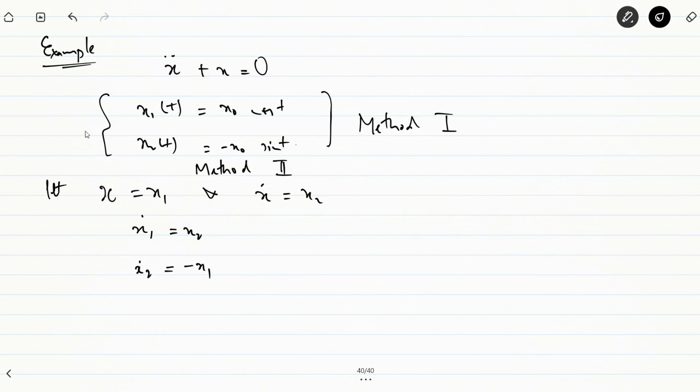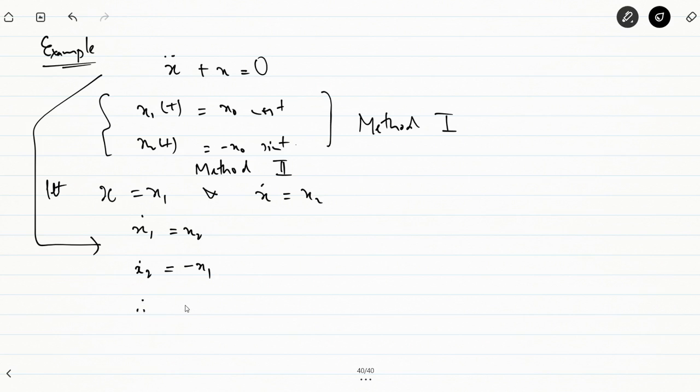Fine. Directly from this equation, x1 dot will be equal to x2. Okay, x1 dot is not in the equation anywhere, so x1 dot is x2, x2 dot is minus x1. Now what we have to do is divide x2 dot by x1 dot.